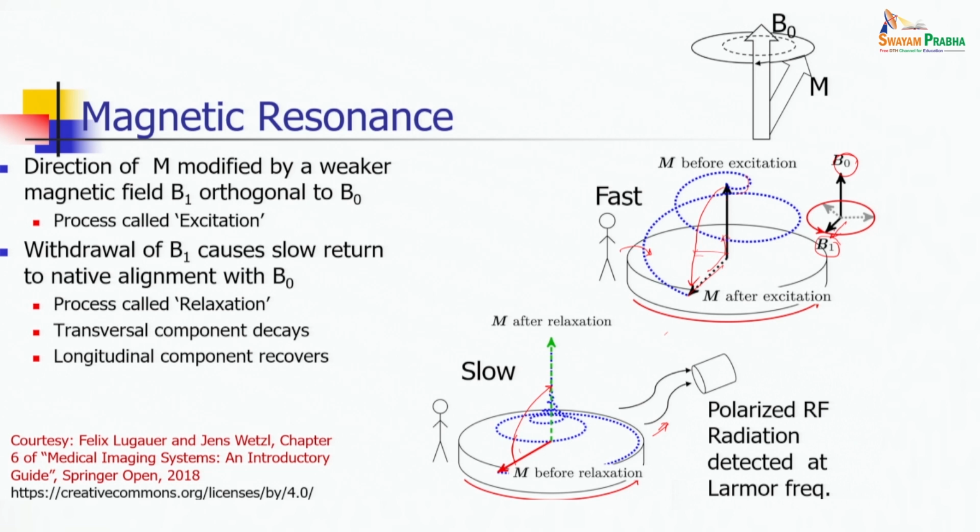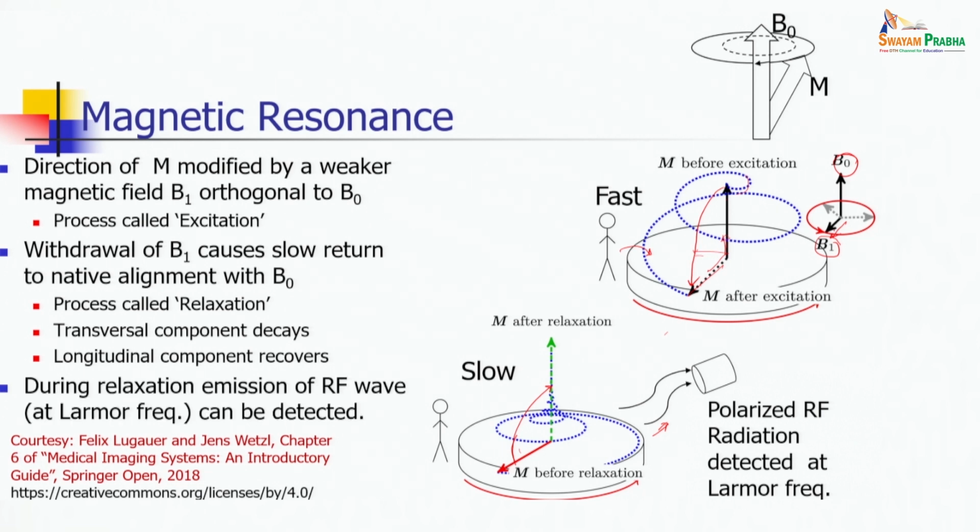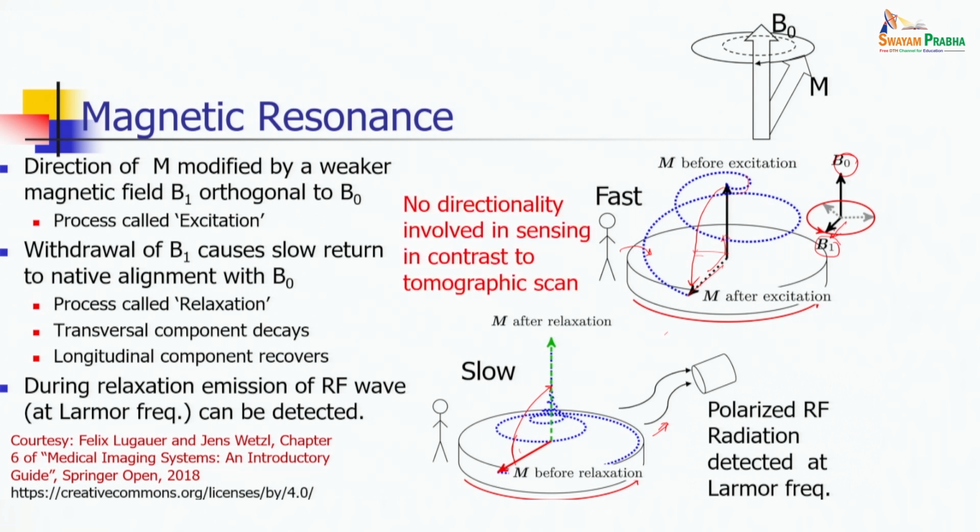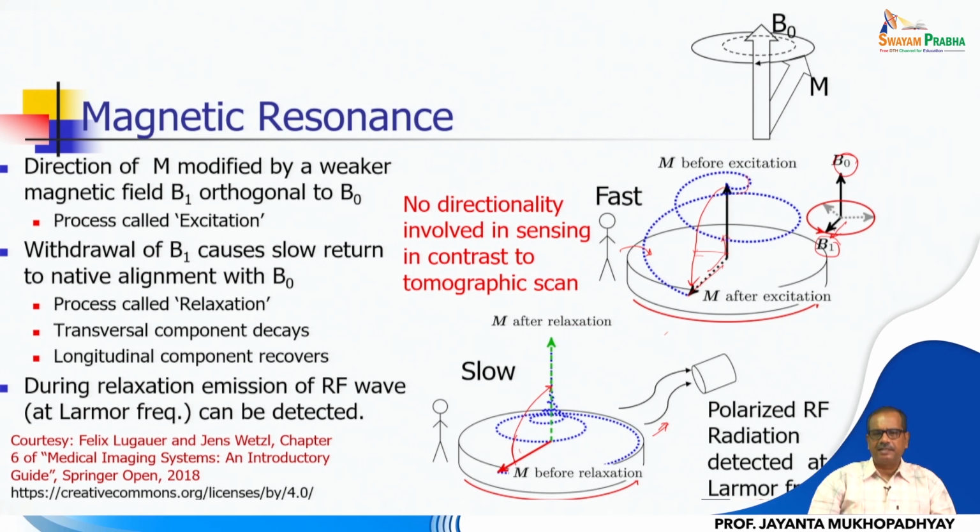So the polarized RF radiation is detected at the Larmor frequency. One thing to note: in previous cases of tomographic scan, there was a directionality involved in sensing the contrast. In contrast to tomographic scan, in sensing this, there is no directionality involved.